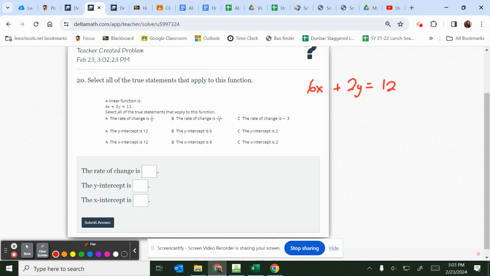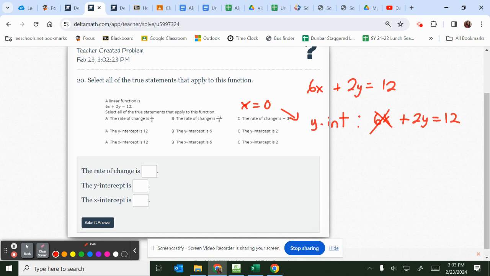So the y-intercept is when x is 0. Again, y-intercept means x equals 0. So I'm going to replace x with 0. 0 multiplied by 6 is just 0, so this 6x is now gone.